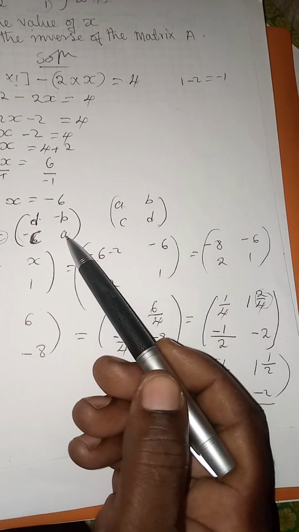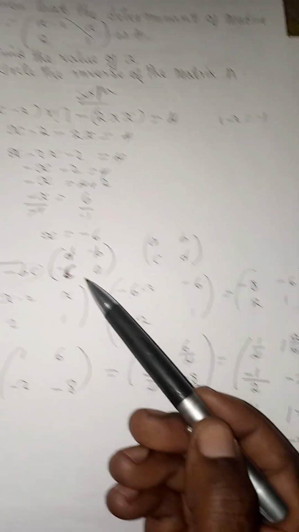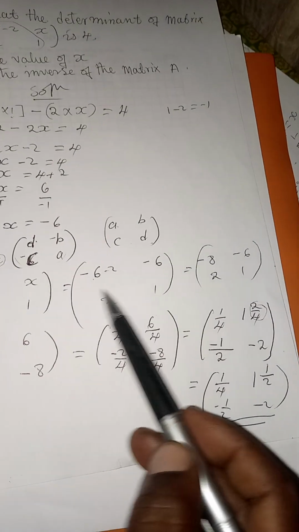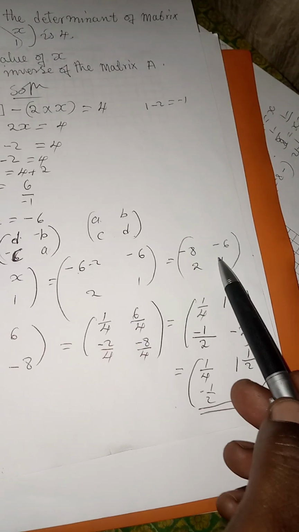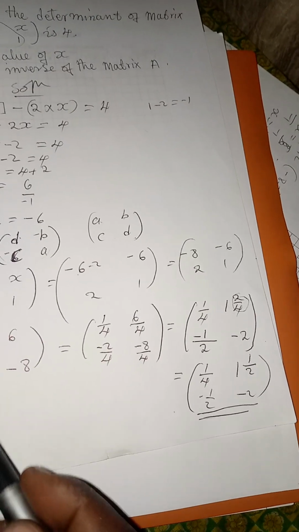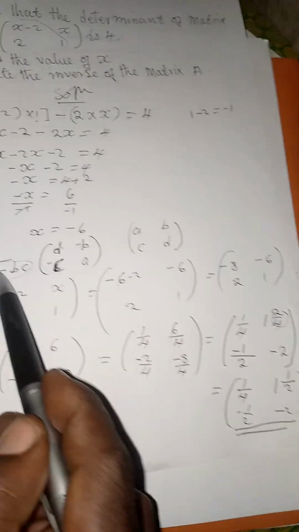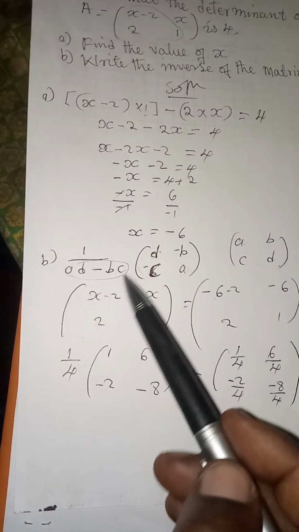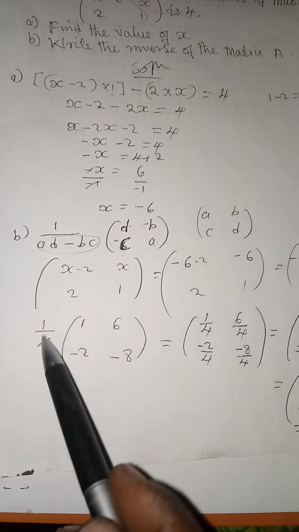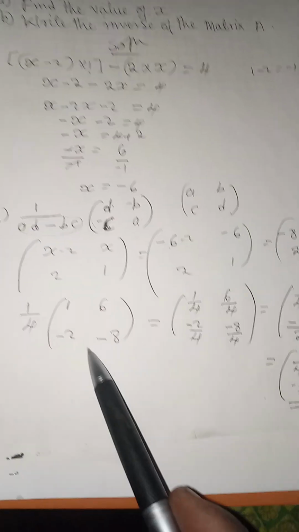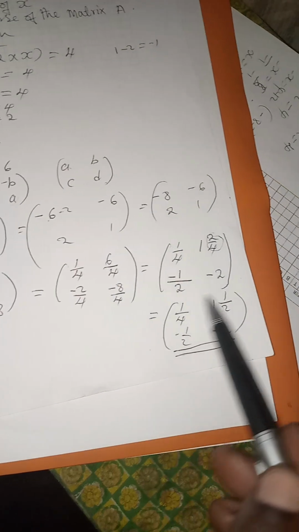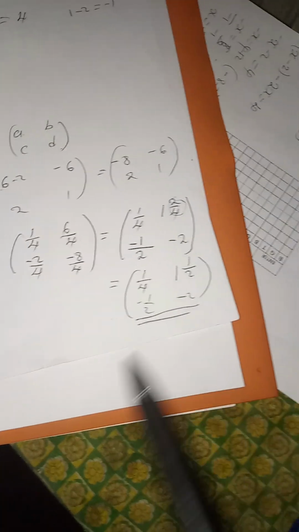D comes here, A there. And then B and C, you just negate them, what we have done here. And then after substitution, we have arrived at this. Now, 1 over this whole lot means the determinant, which is 4. 1 over 4 multiplied by everything here. We have gotten this, and then we have reduced it to that. So that is our final answer.